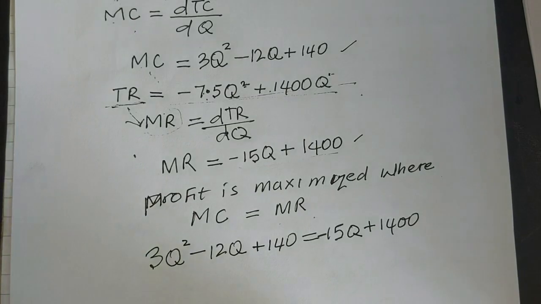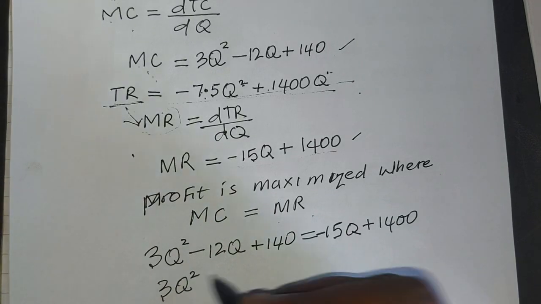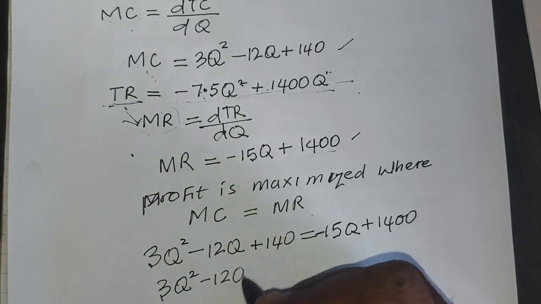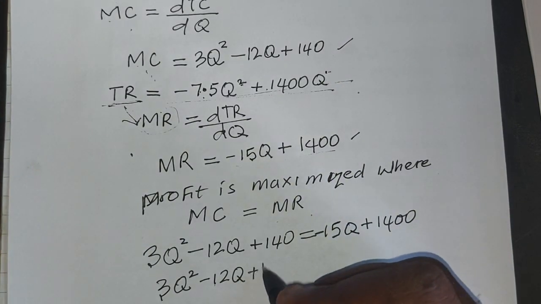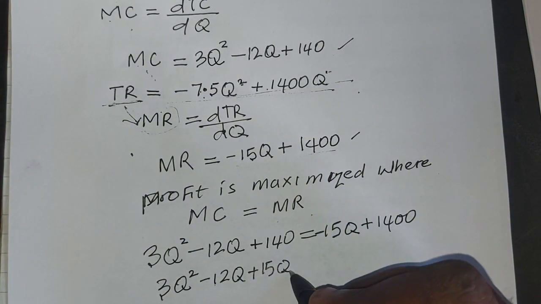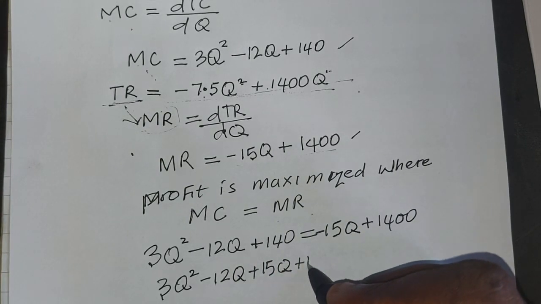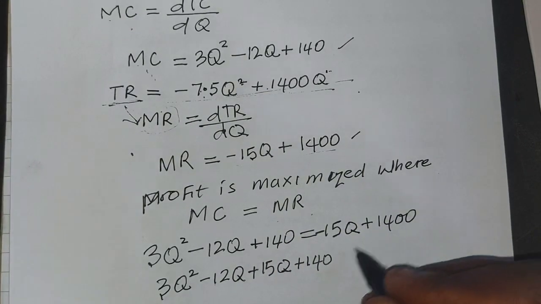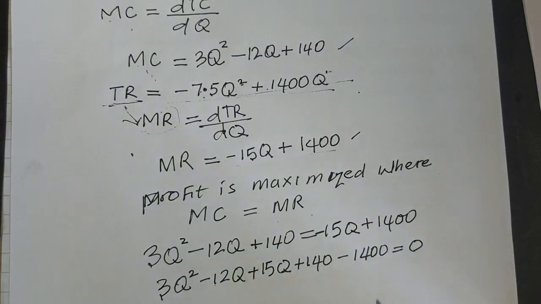If you bring the equation together, what do you have? 3q squared minus 12q plus 15q, plus 140 minus 1400 equals 0. This will lead us to a quadratic equation.